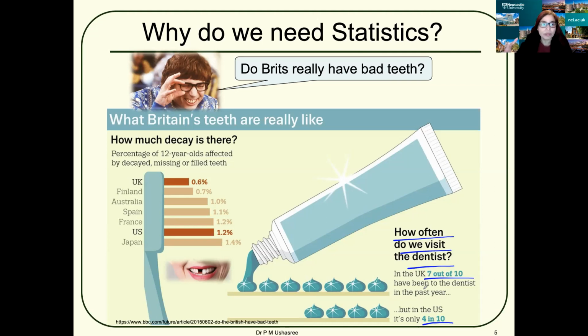They collect the data, analyze the data, interpret the data, which is then used to support the community to help us have better dental hygiene, because this clearly shows that maybe there are more children in UK who brush their teeth when compared to the children in America.